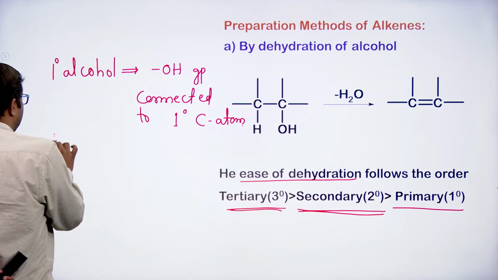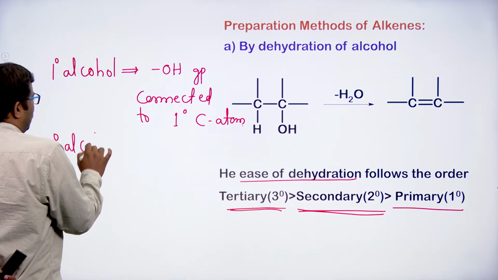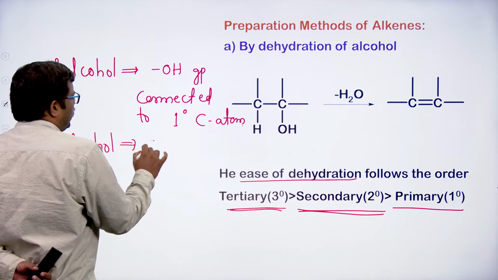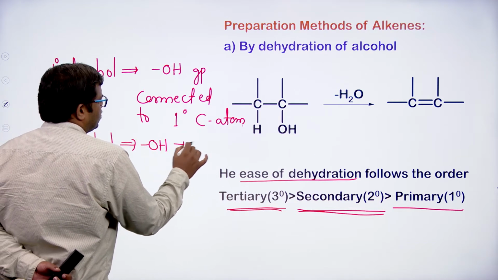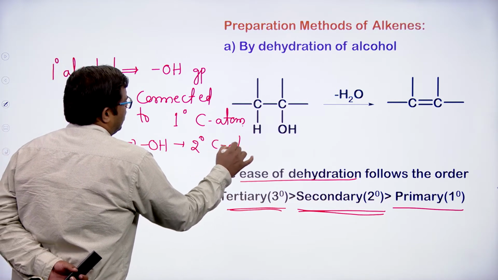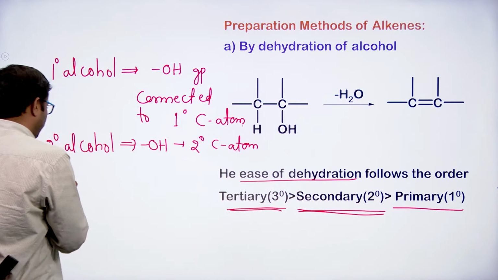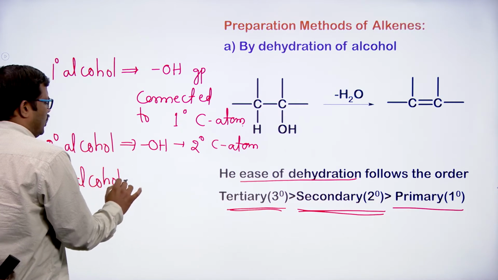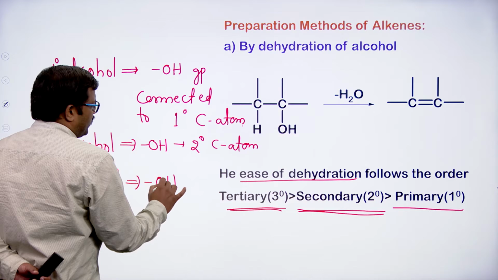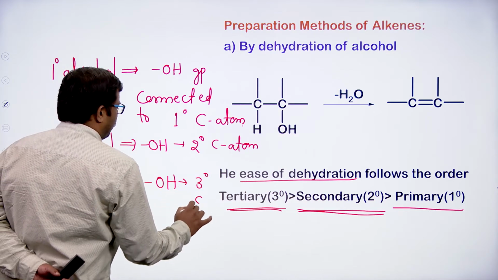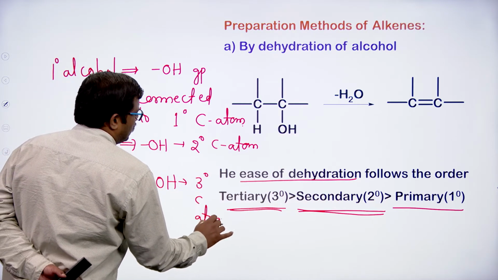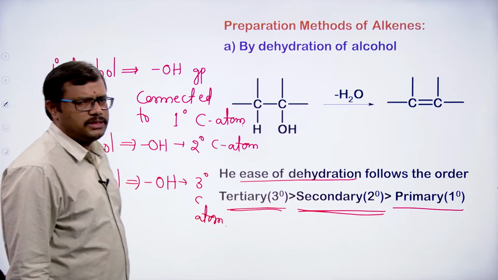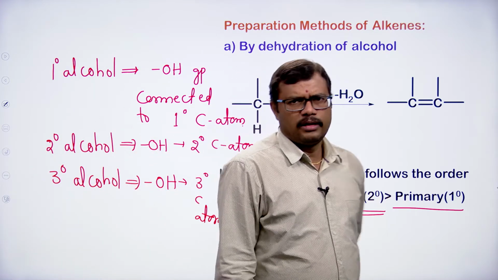So in the case of the alcohol in which the OH group is connected to a secondary carbon atom, then it is termed a secondary alcohol. In the case of the alcohol in which the OH group is connected to a tertiary carbon atom, we call it a tertiary alcohol.